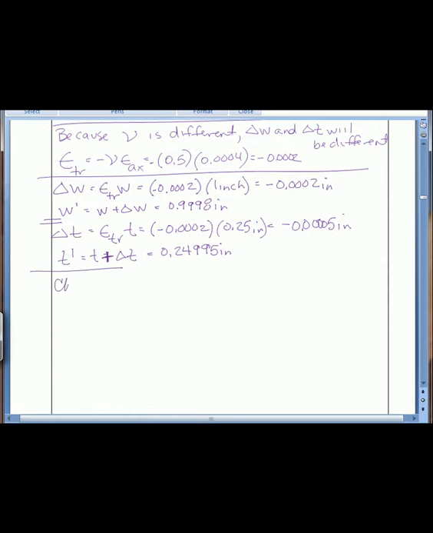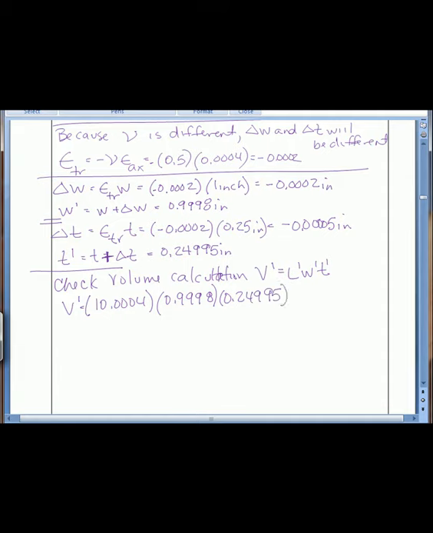We need to now check the volume. New volume is new length times new width times new thickness. 10.004 times 0.9998 times 0.24995. All of that ends up as inches cubed.